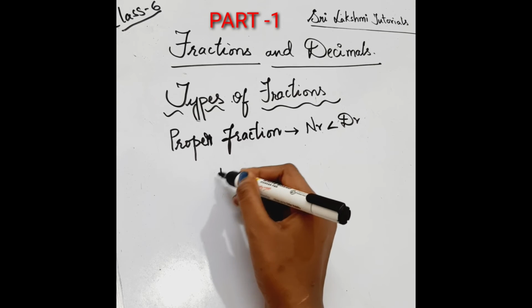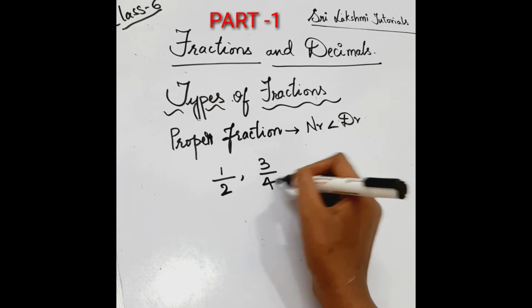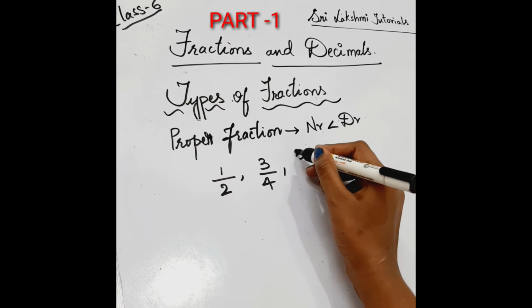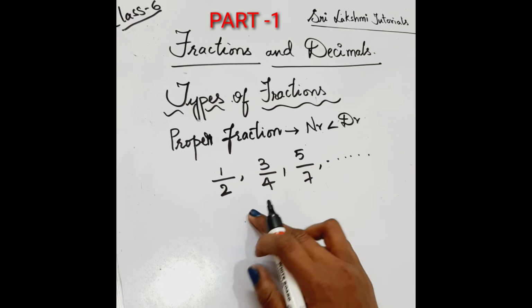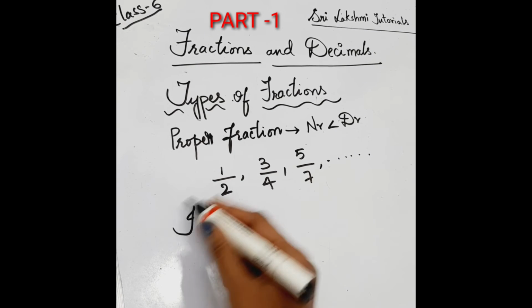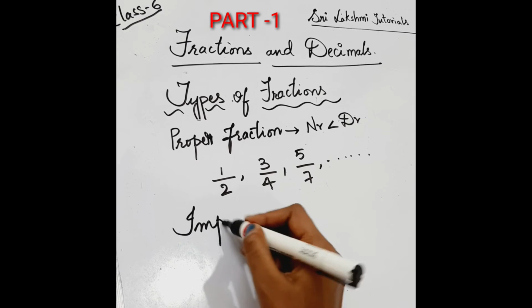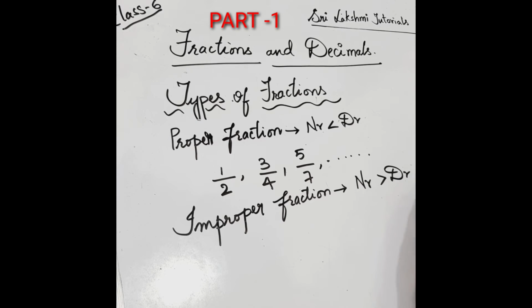In fractions 1 by 2, 3 by 4, 5 by 7 and so on, these are the examples of proper fractions. Now we'll see examples of improper fractions. In this, numerator will be greater than denominator.